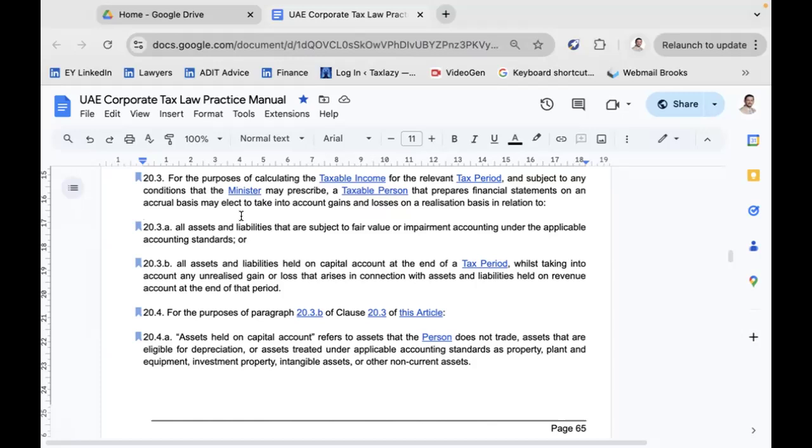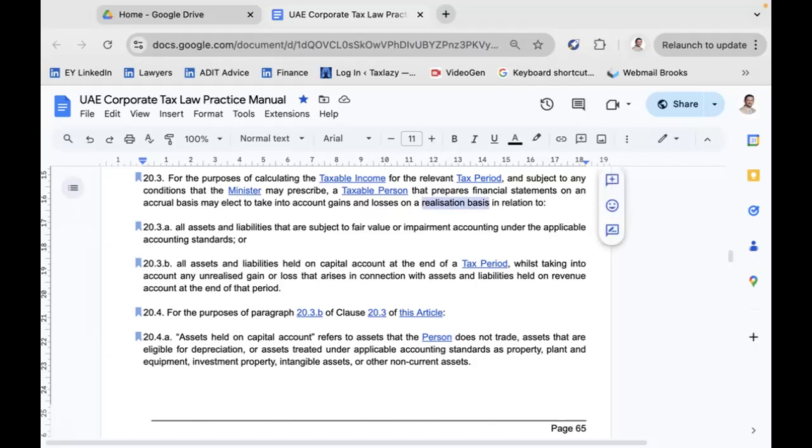If we follow this default treatment, what will be the impact on the taxpayer? You would be including the unrealized gains then. He will have to include unrealized gains in his profit. That will mean he will have to pay a higher amount of tax if he follows the default treatment. So don't you think that the realization basis is especially useful for industries such as insurance? Insurance companies have to invest their money, right?